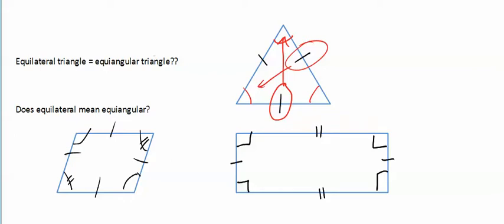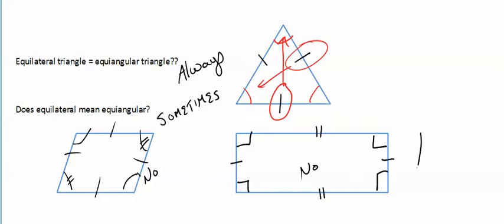So, in the first one, it would be always, and does equilateral mean equiangular? Would be sometimes. These prove the no cases, but a square proves a yes case.